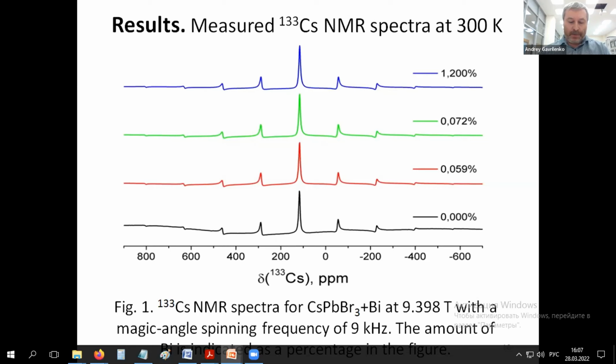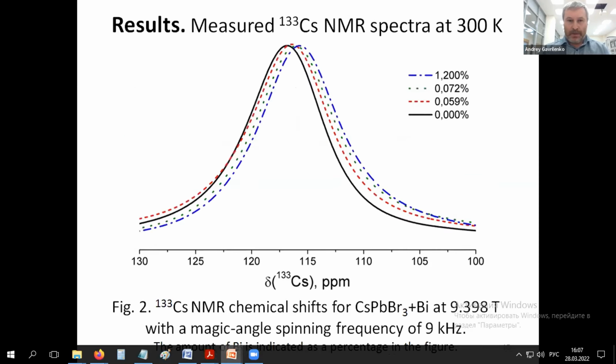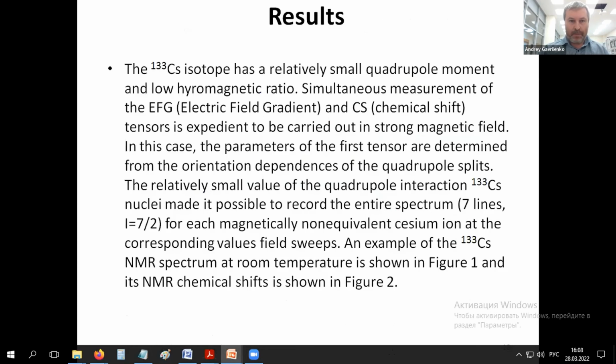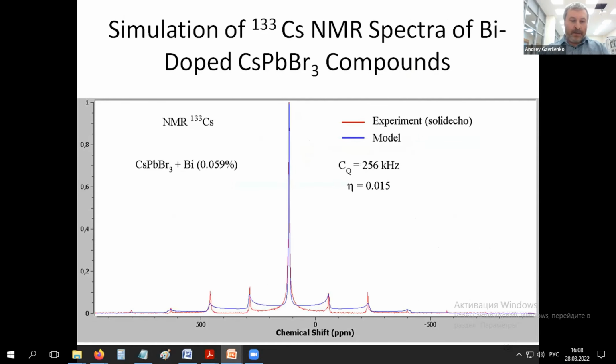An example of the cesium NMR spectrum at room temperature is shown in the figure, and its NMR chemical shift in this figure. Cesium NMR spectra parameters of bismuth-doped CsPbBr3 compounds were calculated using the QUEST software. An example of simulation results is shown in the figure.